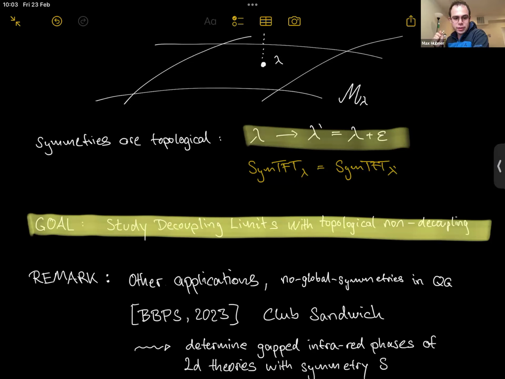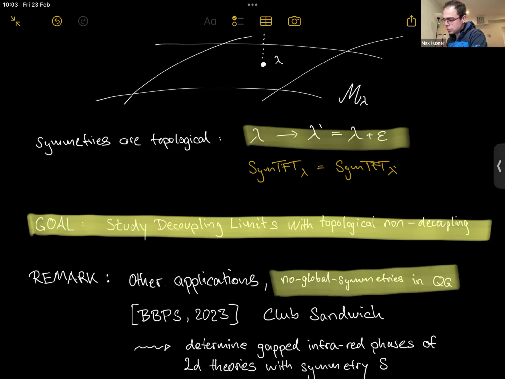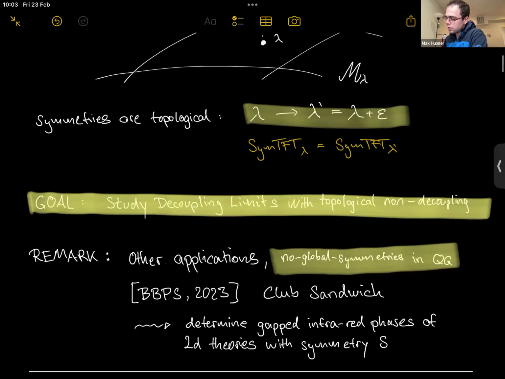Let me also say that SymTrees have other applications. At the end of the talk, I'll come to some applications on no-global-symmetries in quantum gravity. But also, very recently, the Oxford group has introduced the club sandwich. And the club sandwich studies a topological interface between 2 SymTFTs.